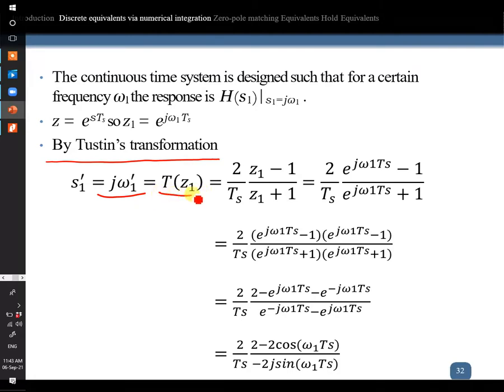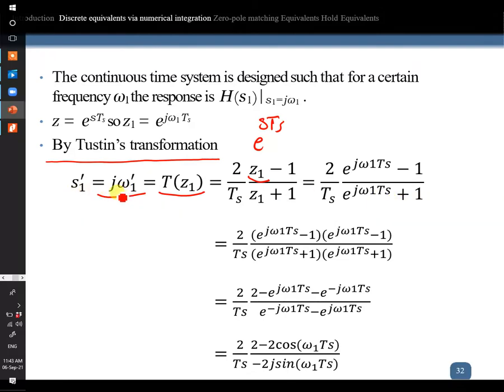That means I will change to the Z domain. I substitute all of the Z1 by e^(S Ts), and S equal to j omega 1 will become (2/Ts)(e^(j omega 1 Ts) minus 1)/(e^(j omega 1 Ts) plus 1).